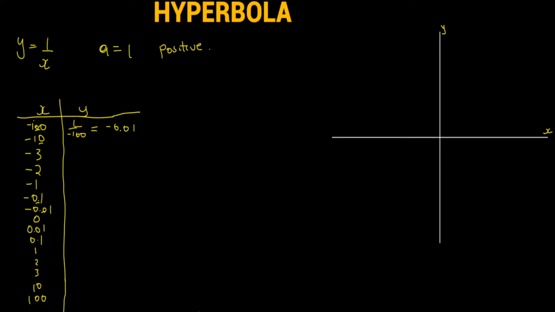Note here, when x is getting bigger, you can see that y is smaller. So you can see that y is an inverse of x. In this case, y is equal to 1 over x. So when the x value becomes bigger, the y value is going to be smaller.